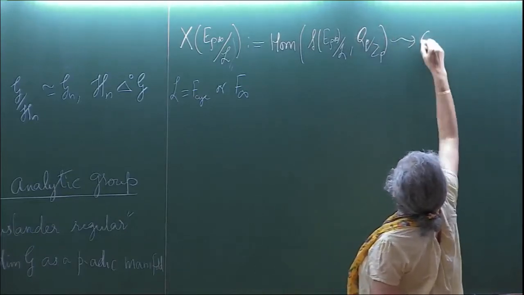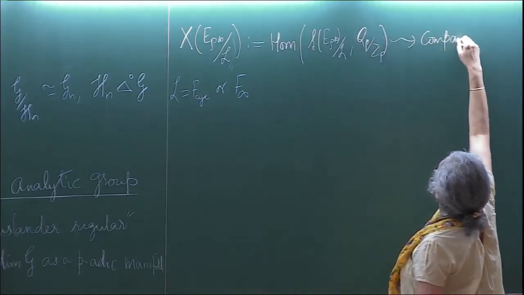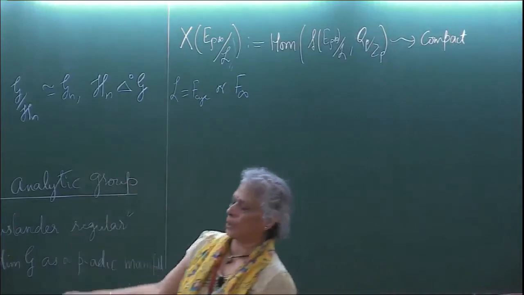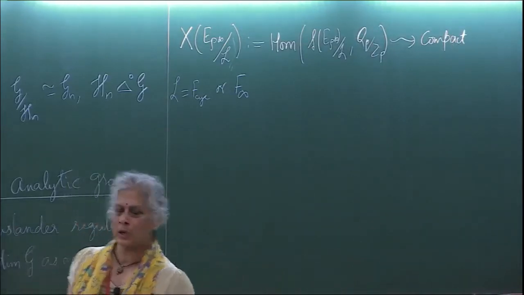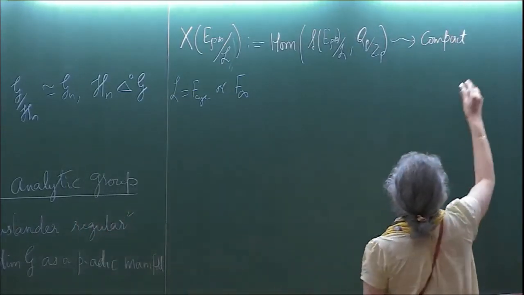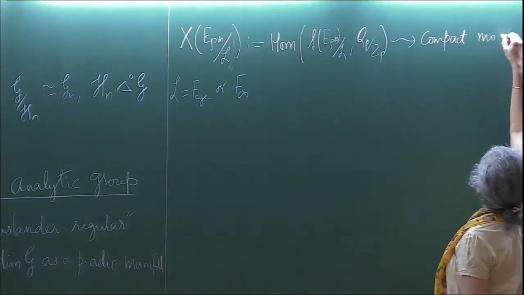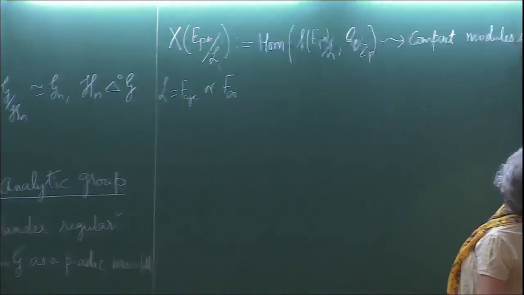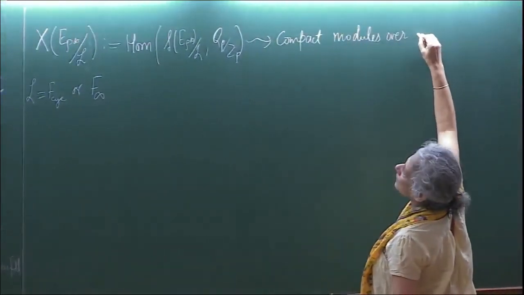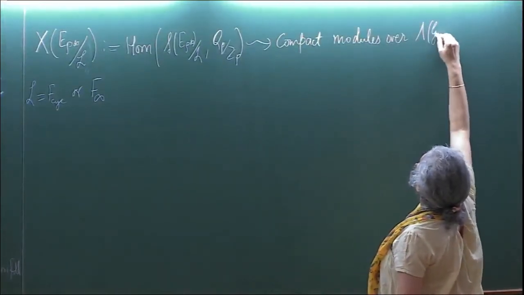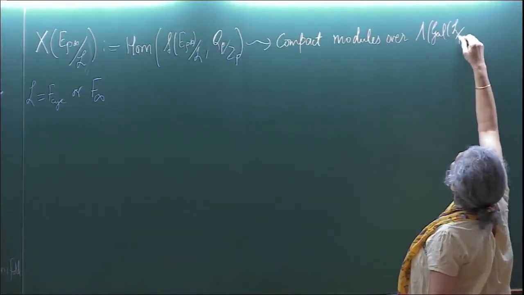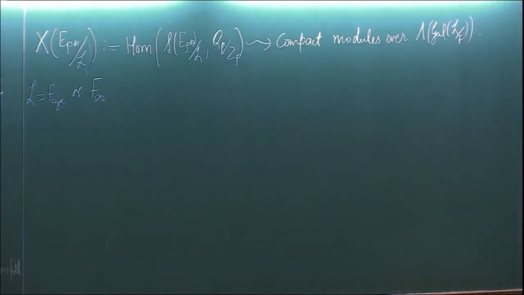So then this is compact. All these Iwasawa algebras are topological algebras, so they come with a topology, and when you take the duals, these are compact modules over the Iwasawa algebras of the Galois group of L over F. And like I said, when I say modules in the non-commutative context, I'll always fix a left module.